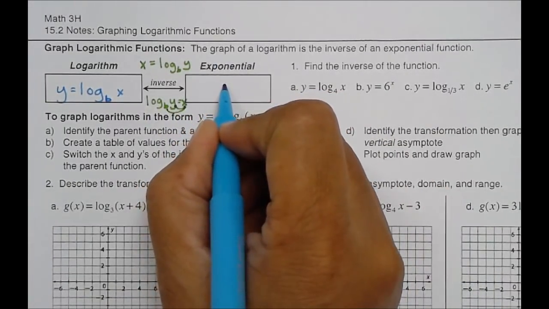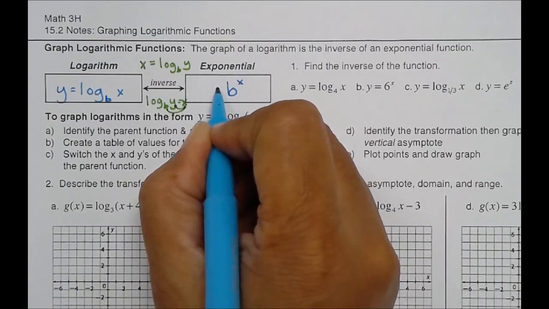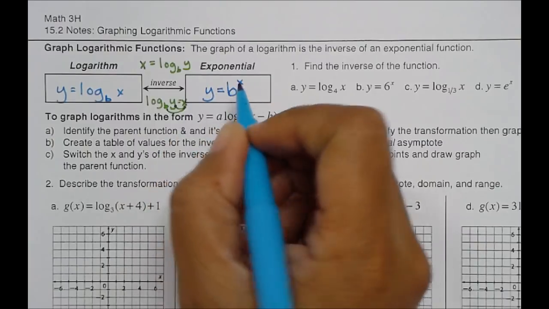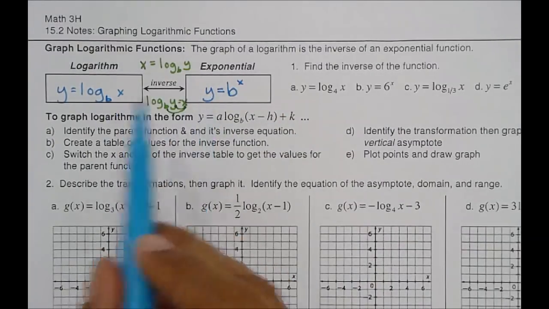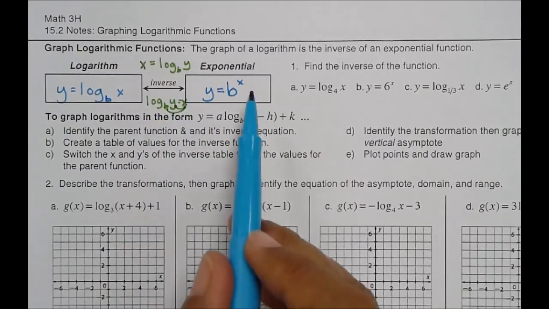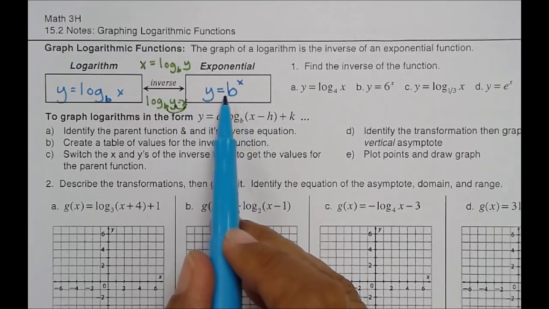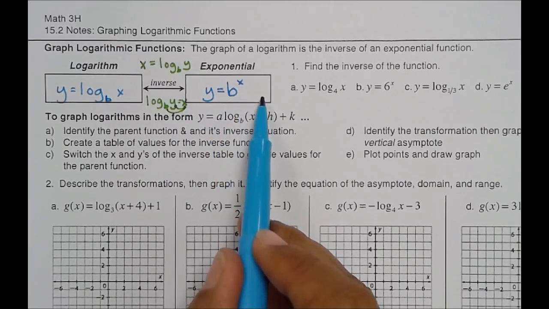b to the x. And instead of writing equals y on this side, I'm going to write y on this side. Now remember, these are not the same thing. These are inverses of each other. And we graphed exponential functions in the form of a times b to the x minus h plus k.